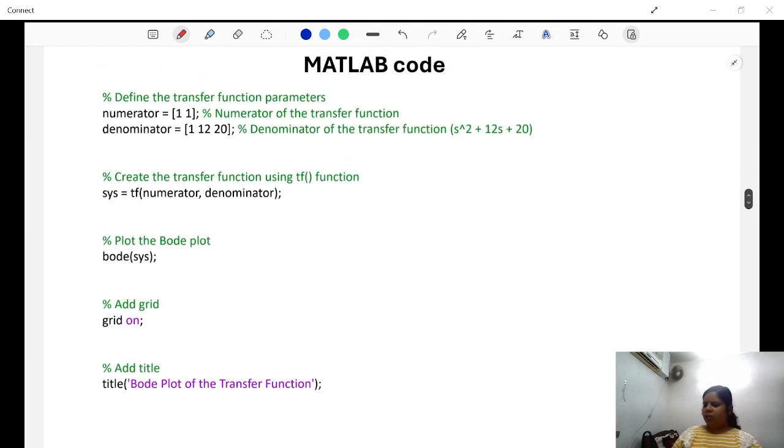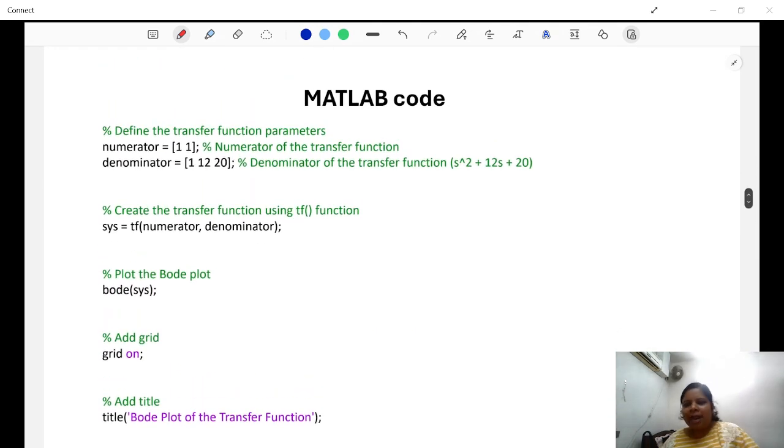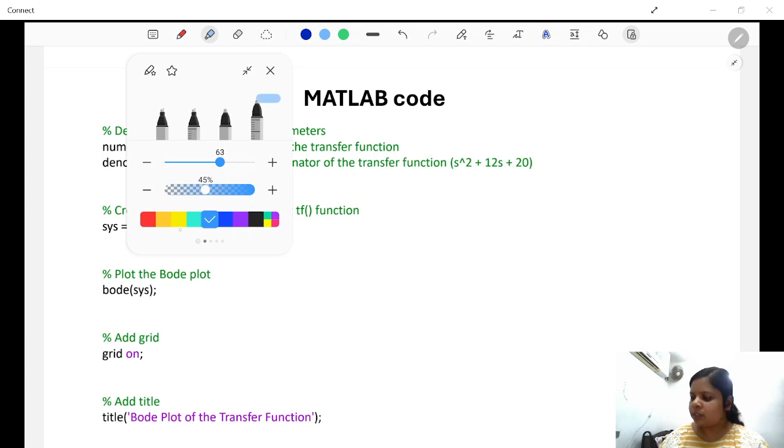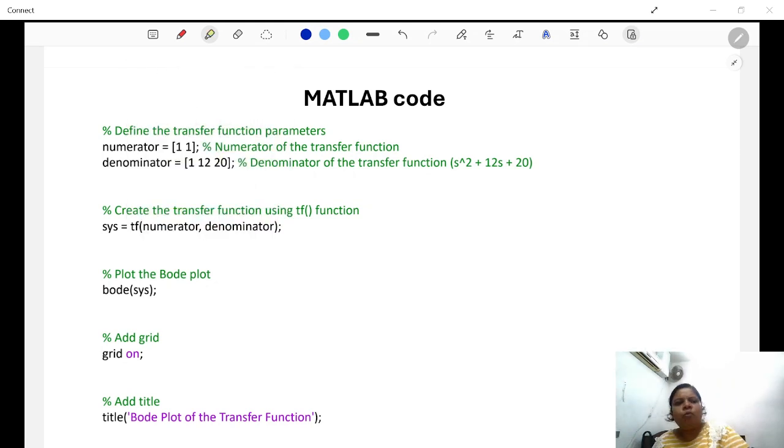In the last class we did not do any MATLAB question on Bode plot, but we can do it for this same example which we were solving, like those 7 questions. If you were present in my earlier classes, I have shown the MATLAB code for root locus, but here I'm not changing the interface due to recording issues.